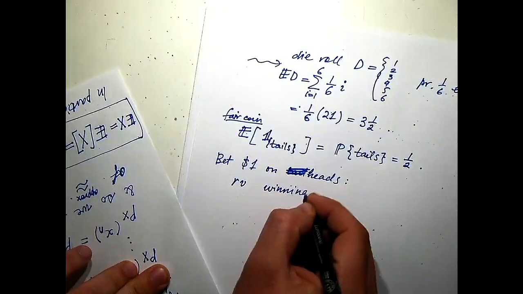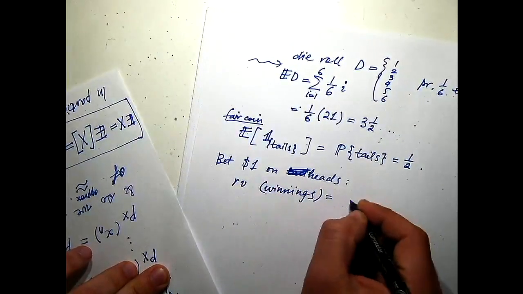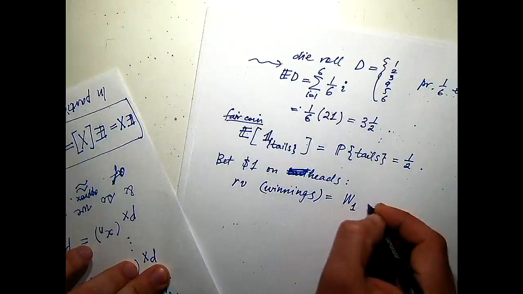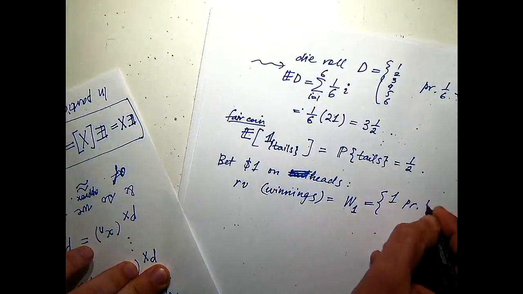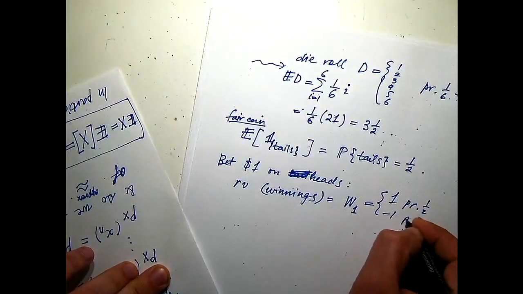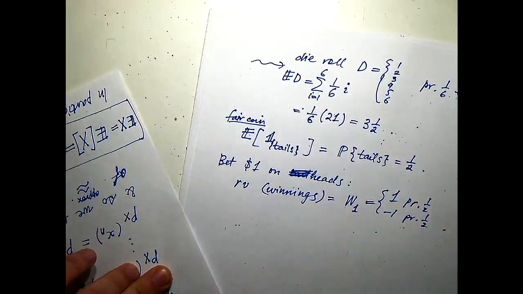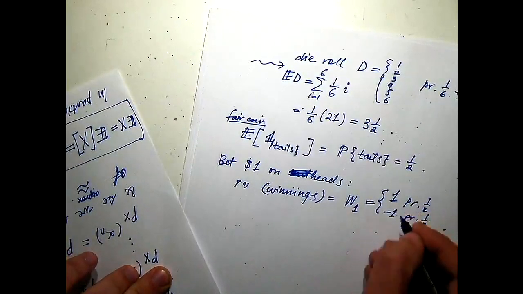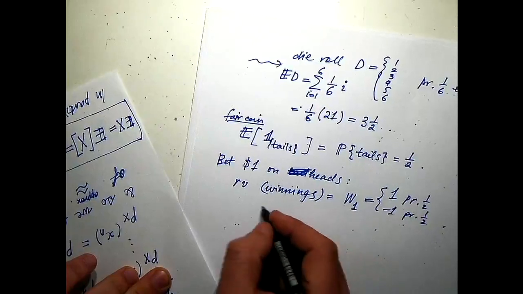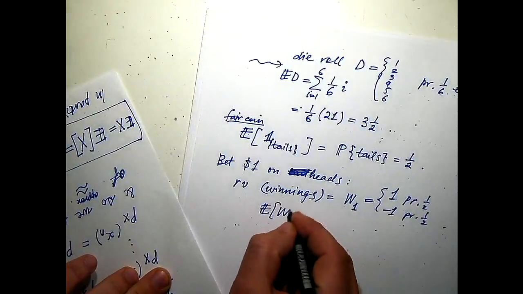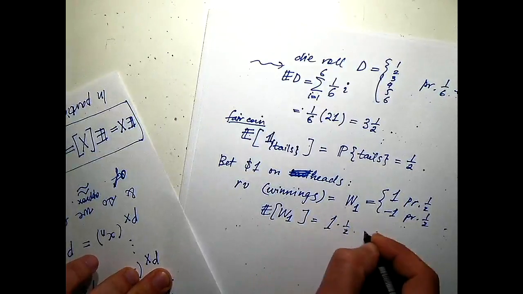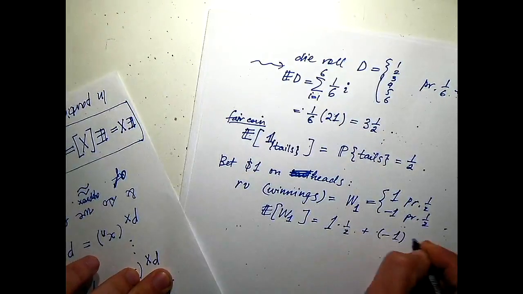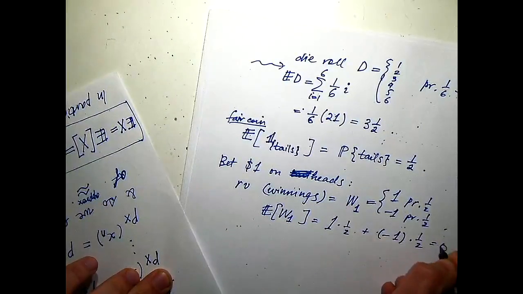Your winnings for one round is W1, which is equal to 1 with probability a half and minus 1 with probability a half. That's because you lose your stake if you lose the bet, and so the expected value of W1 is equal to 1 times a half plus minus 1 times a half. So the two possible values times their probabilities, which is 0.